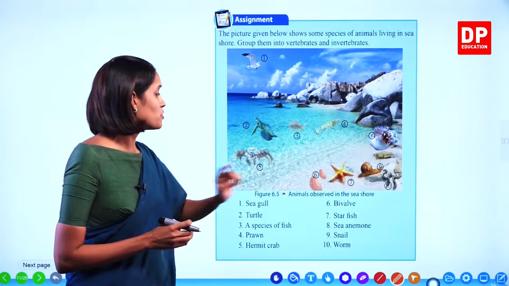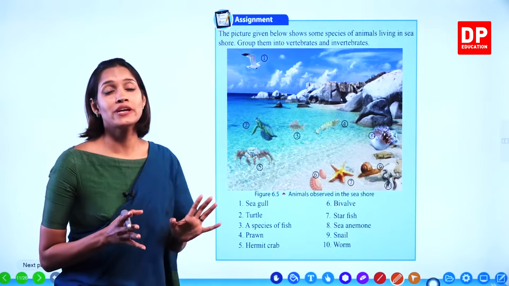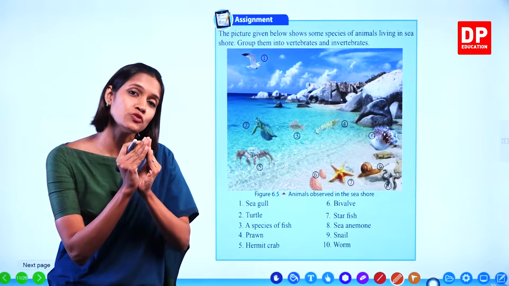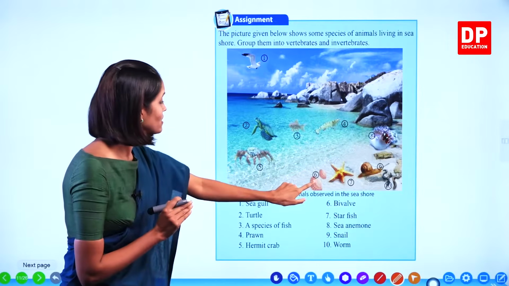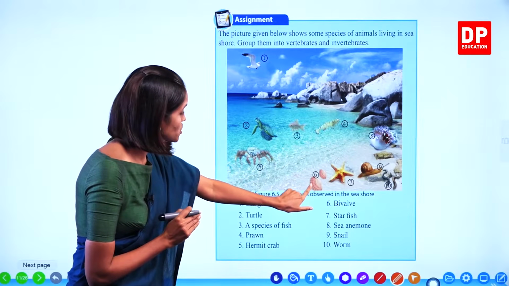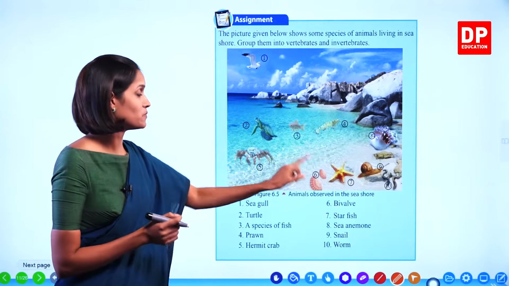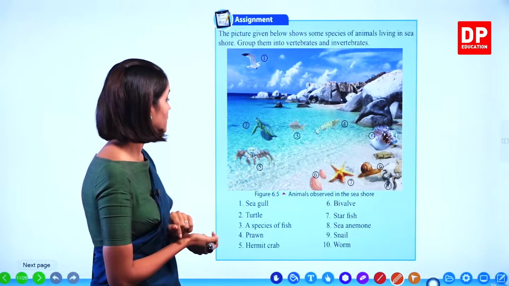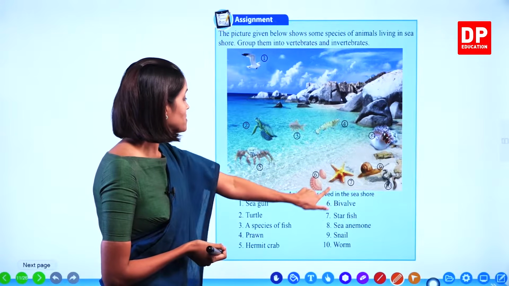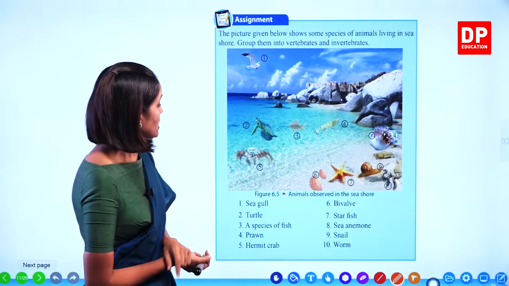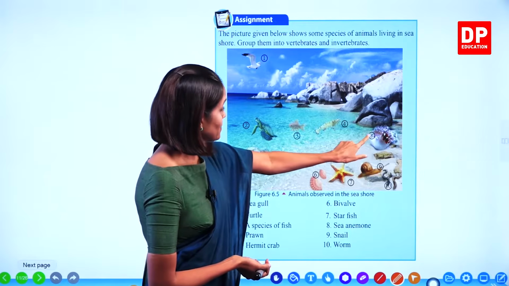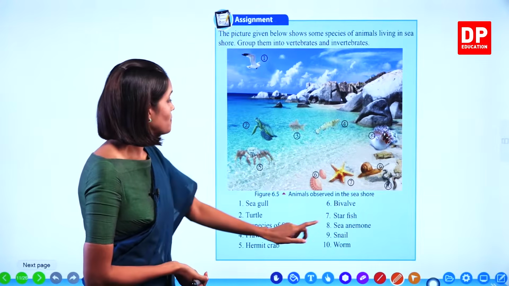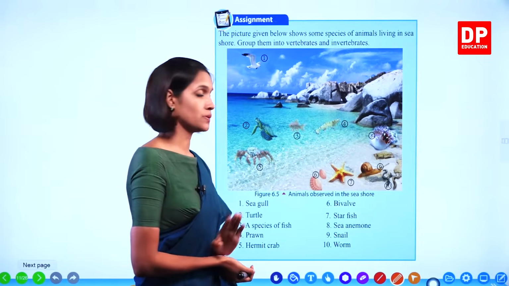So these type of animals like bivalves or clams, they have a soft body present in between two shells. Okay, look, this is a shell, right? Their soft body is present in between two shells. Okay, so bivalve. Number 7, starfish. Number 8, sea anemone. Number 9, snail. And number 10, it's a type of worm.